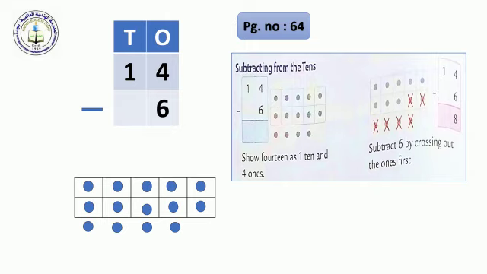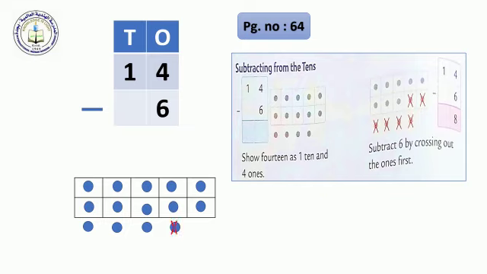Children, as you have seen, in number 14 we have 1 ten and 4 ones. Now we are going to take away 6. So always remember we have to start from ones place. Now let's take away 6 starting from ones place. So here we are going to cross out the ones first.